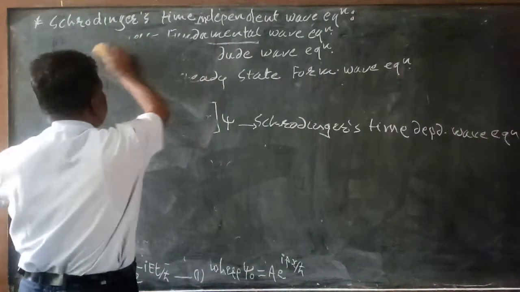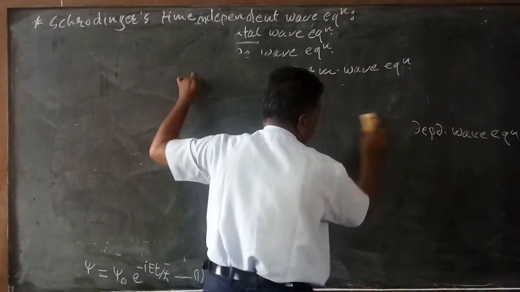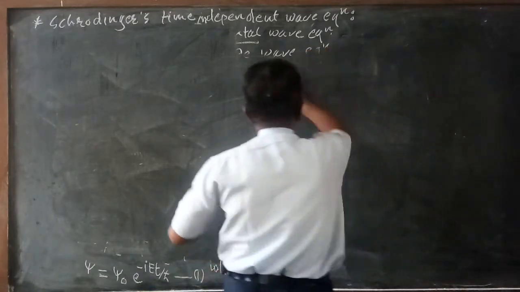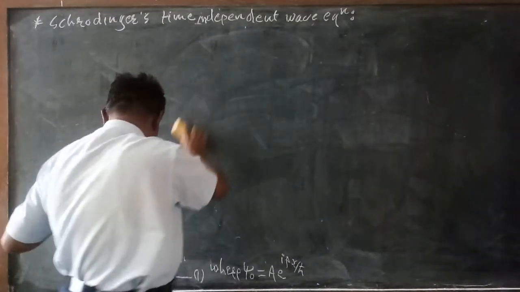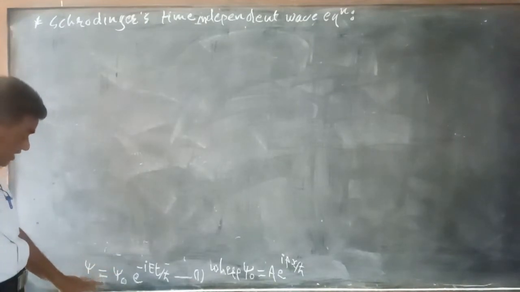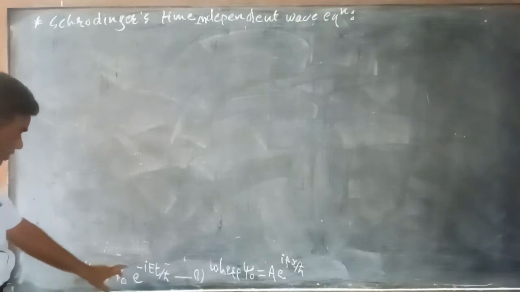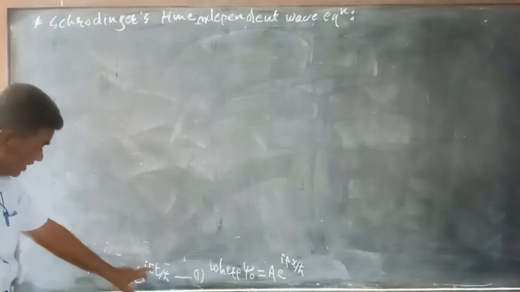So equation 1 gives the wave function of a particle. Now differentiate this equation with respect to t.